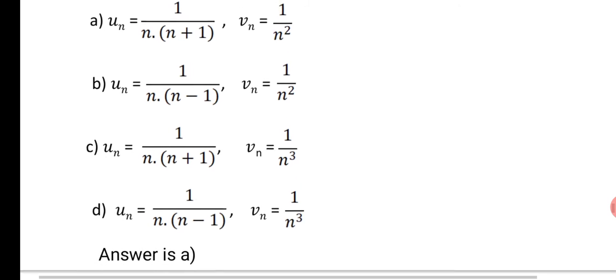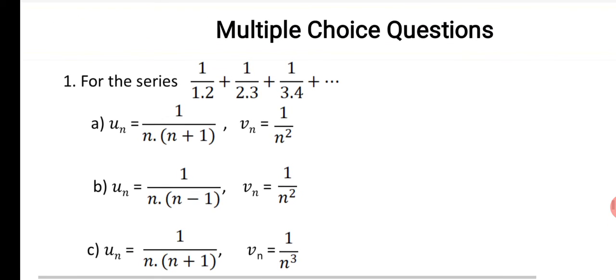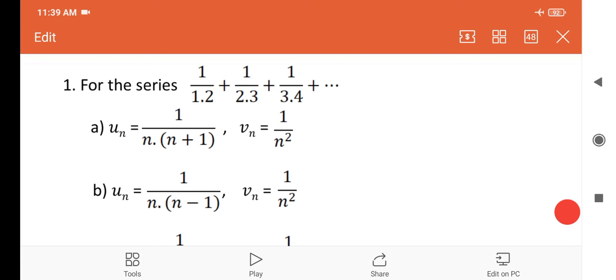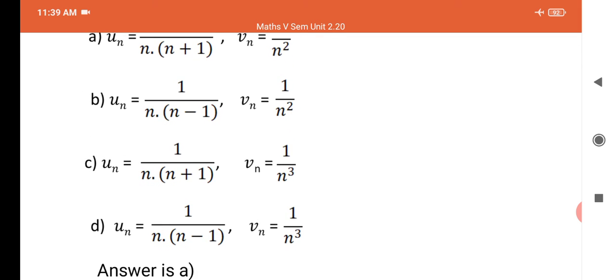The correct answer is A, because the nth term of this series is un is equal to 1 by n into n plus 1. We choose vn as 1 by n square. Therefore, the answer is A.